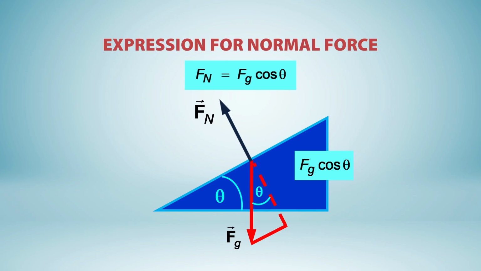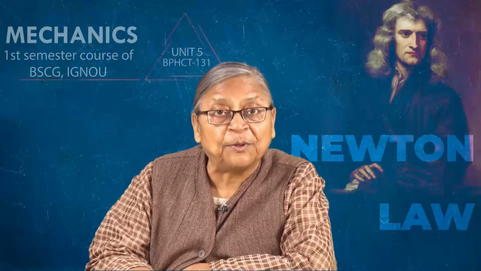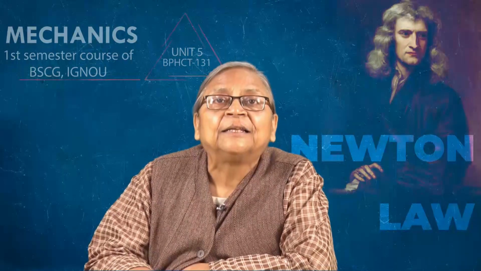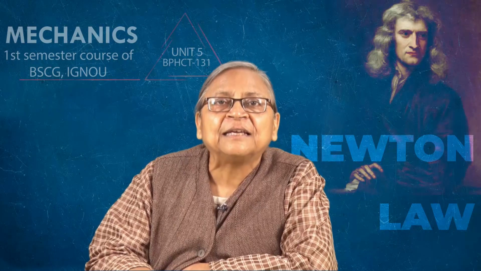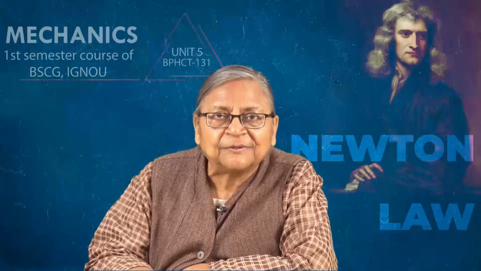We have to resolve Fg into its component opposite to the normal force, and the magnitude of the normal force is no longer Fg, it is Fg cos theta. Always remember, when it is a problem of an inclined plane, the normal force is equal to mg cos theta, right?